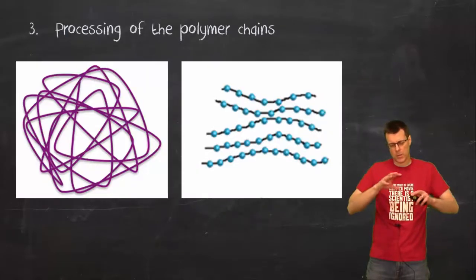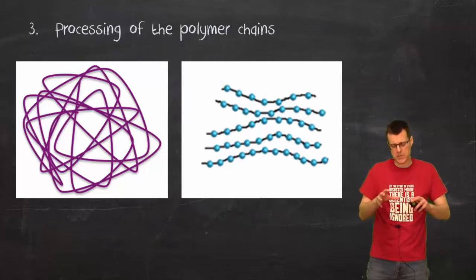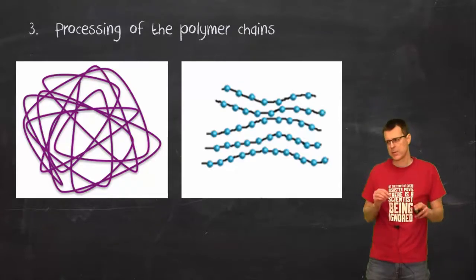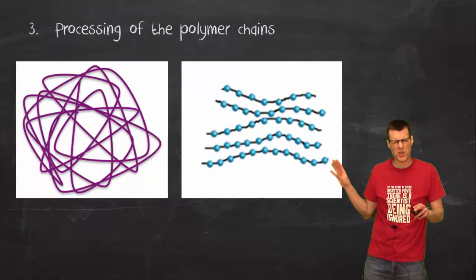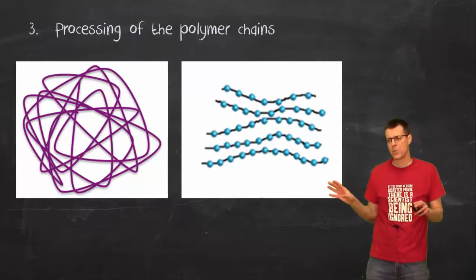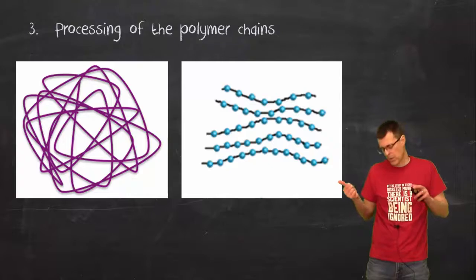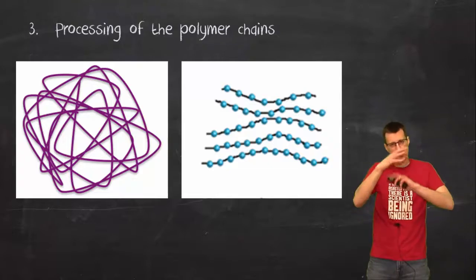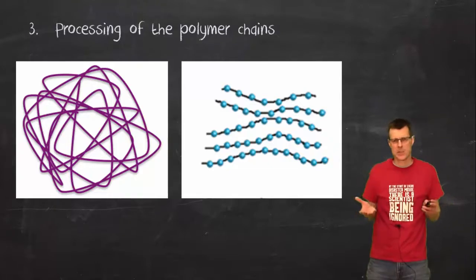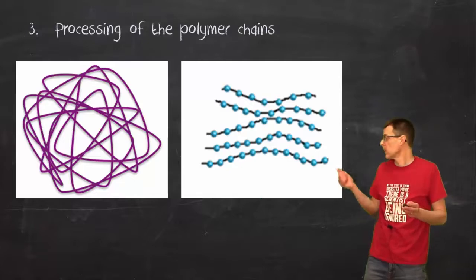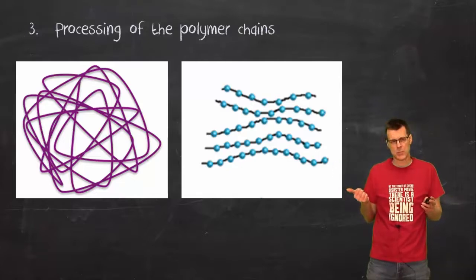I can also change how I align the chain. So it's not a great picture, I suppose, but on the one on the far side, what I have is the polymer chains are all kind of jumbled up. Think about a big plate of spaghetti that's been cooked. The polymer chains are fairly jumbled up.